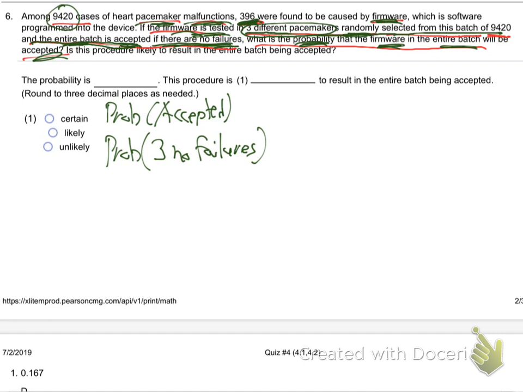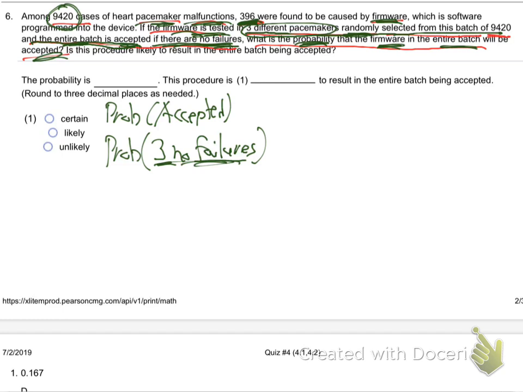Suppose they were testing these 9,420 pacemakers on their assembly line, and their game plan for testing is they grab 3 of them at random.